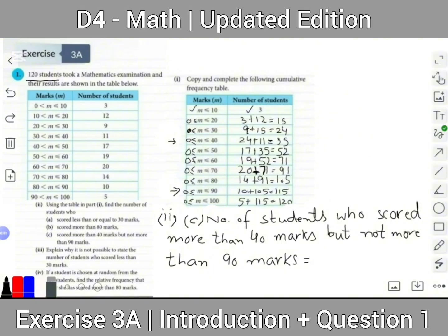Now we have to first write down the number of students who scored less than or equal to 90 marks. So those are 115 from the cumulative frequency table.